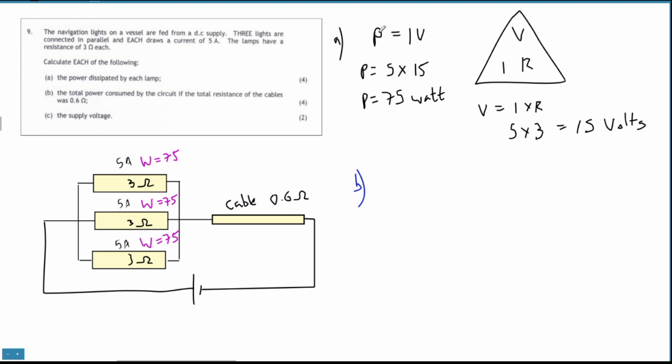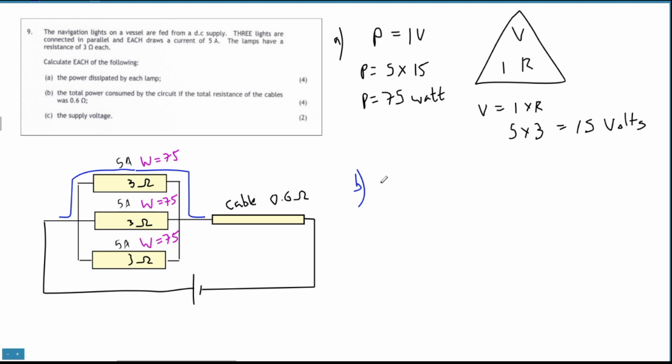So we can use the same P=IV calculation to work this out. I don't know the voltage. I do know the current and resistance though. Because I said earlier that all of these currents, these 5 amps, 5 amps, 5 amps, must be that the amperage is being split between them and then being collected together again.